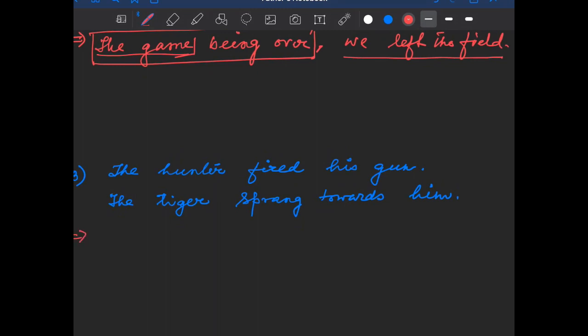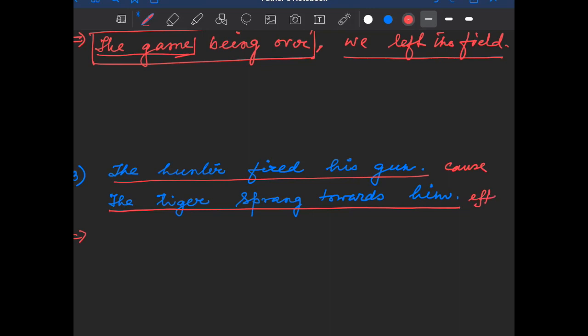The hunter fired his gun. The tiger sprang towards him. This is the effect. We'll keep it, and this is the cause. We'll keep the effect and we'll make it absolute. The hunter fired, no be verb, so we'll use having. The hunter having fired his gun.